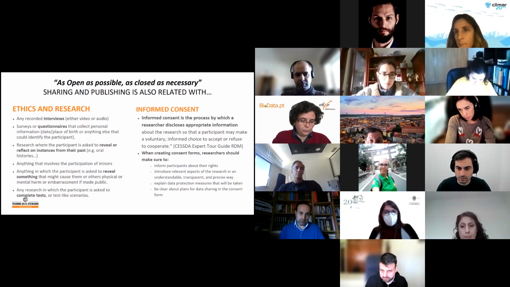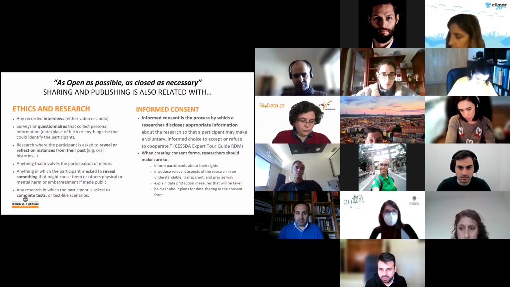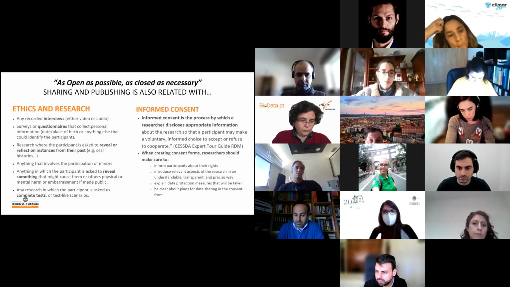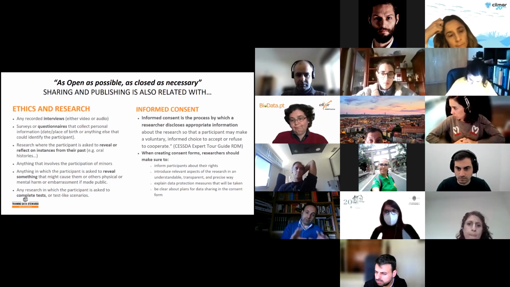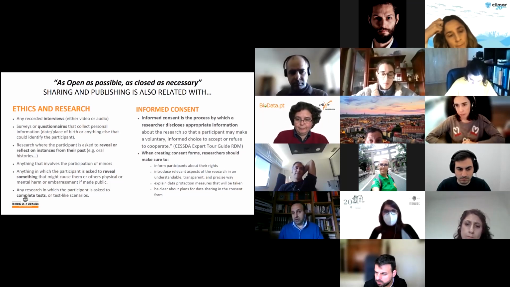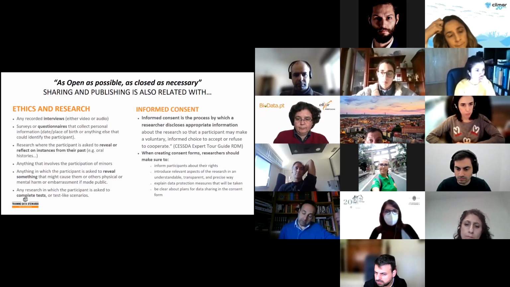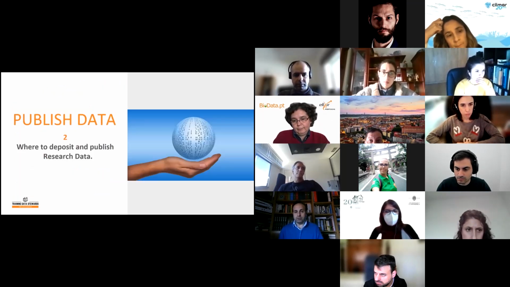We need to consider ethics in this process, and we also need to document and have a process to properly ensure informed consent in our research process. This is also important for this sharing plan, and it is needed when we think about publishing, sharing and even archiving data. So these are important components.